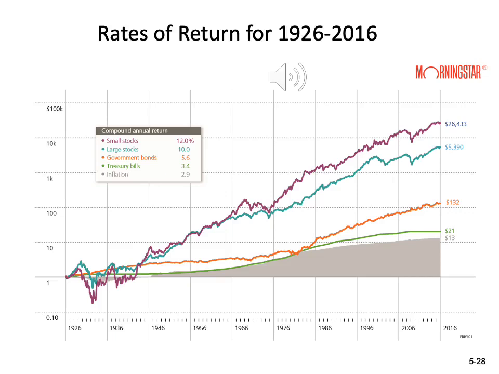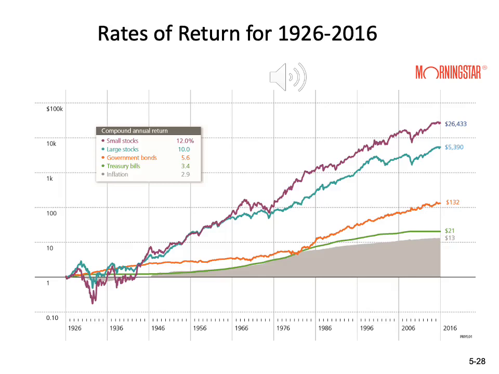We first look at inflation as a benchmark. On average, over this 90 years period, inflation is 2.9% each year, which means $1 in 1926 is equivalent to $13 in 2016. So the purchasing power of $1 in 1926 is equivalent to $13 in 2016.